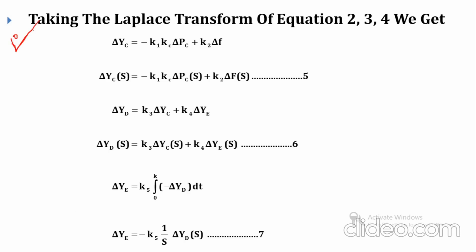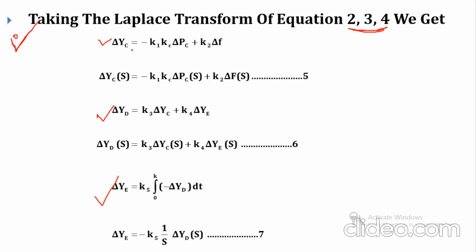We have to convert all the equations in Laplace domain. So we will use equation number 2, 3 and 4. This is our equation number 2, this is the equation number 3, and this is the equation number 4. Clear? So equation number 2 is delta yc is equal to minus k1 kc delta pc plus k2 into delta f.